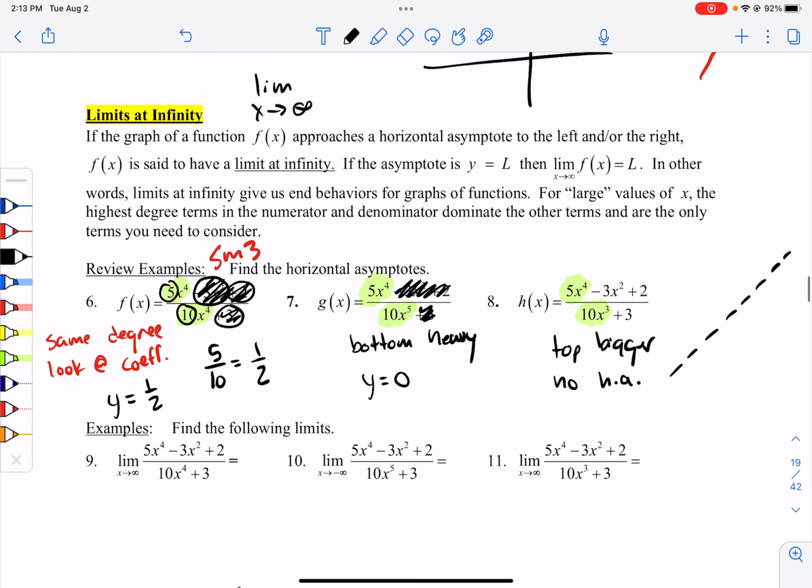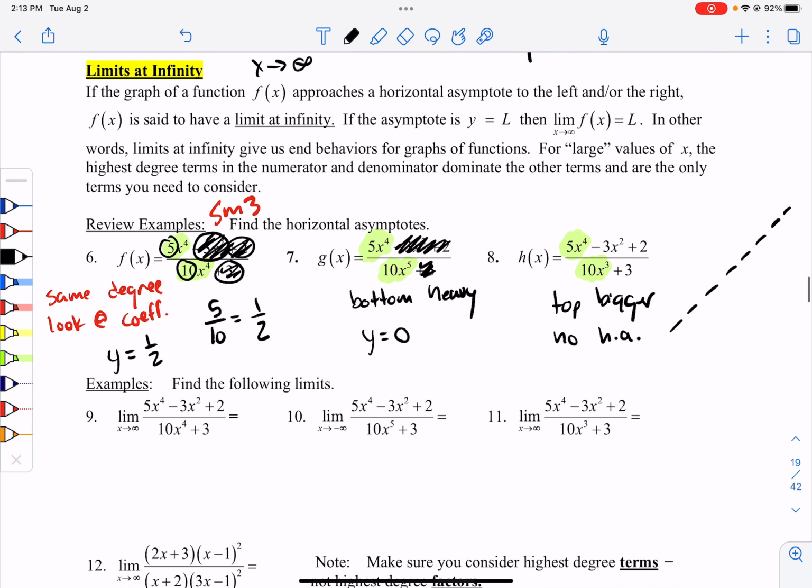What I want to consider is calculus. Instead of looking at the function, I want to evaluate the limit as x goes to infinity. And pretty much, I'm going to use the exact same rules. The only thing that matters is the biggest degree on the top and the biggest degree on the bottom. If they are the same, then I look at the coefficients.